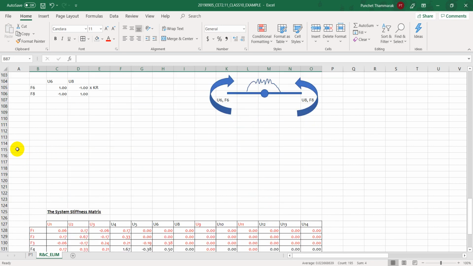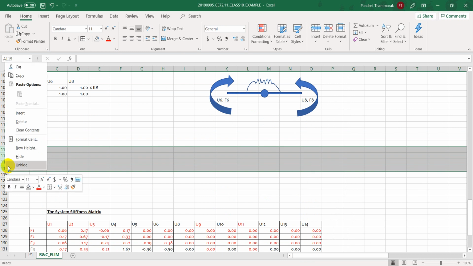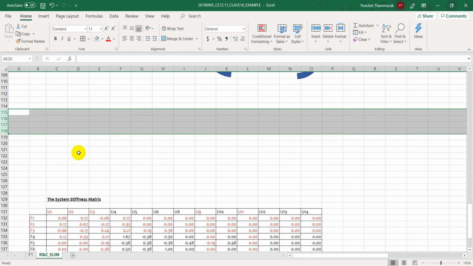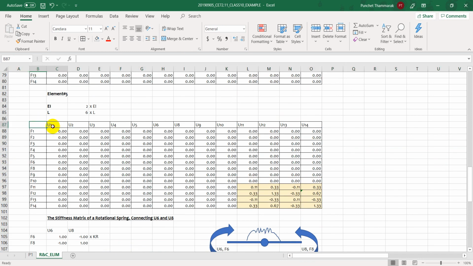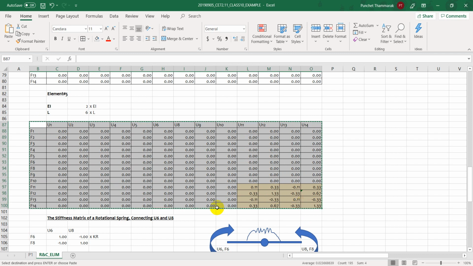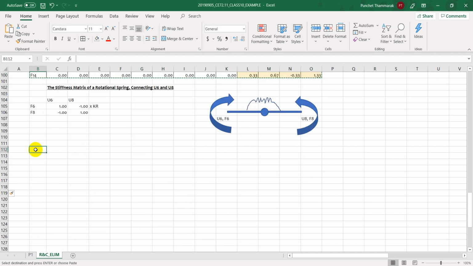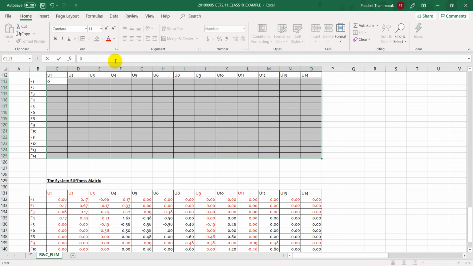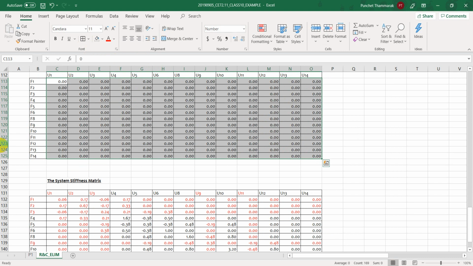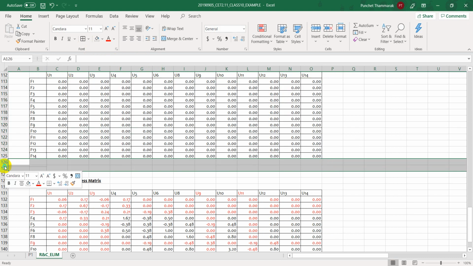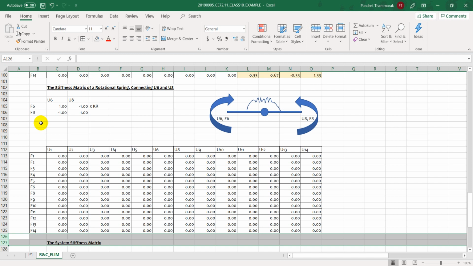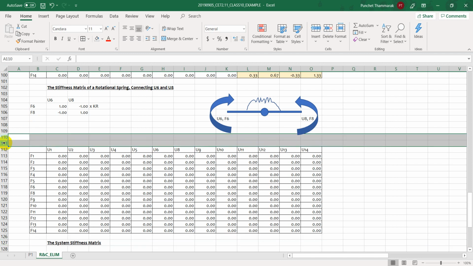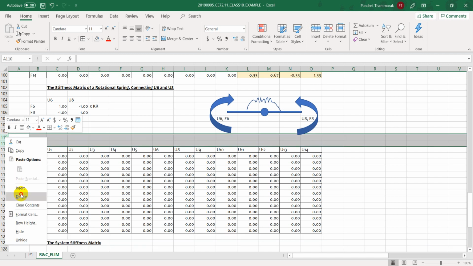Wait 1 second, I need more space. Okay, that should be enough. I'll clean it, delete and zero it up. Alright.